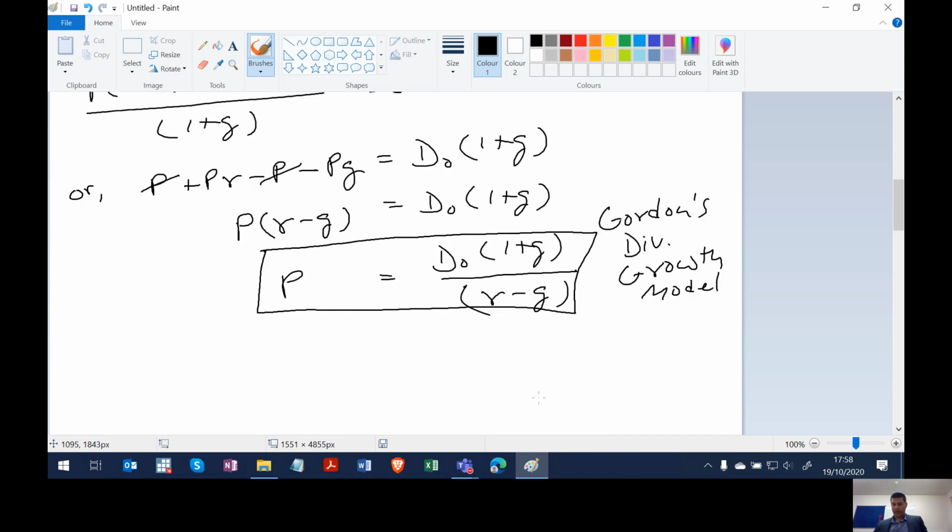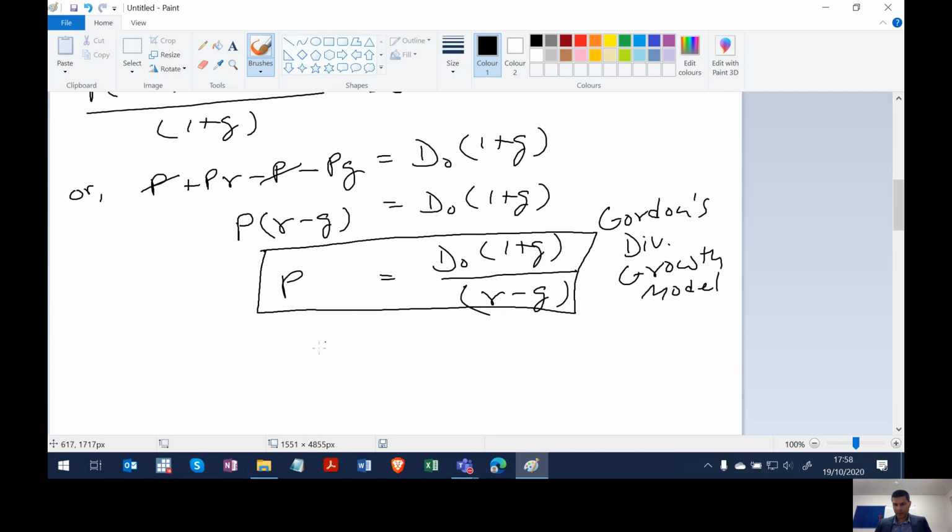And so if you know the dividend that had just been paid, which is D0, and if you know what the growth rate is going to be in the future, the constant growth rate which never changes, and if you know the market price, you can figure out the required rate of return on equity using this formula. Now, two things.